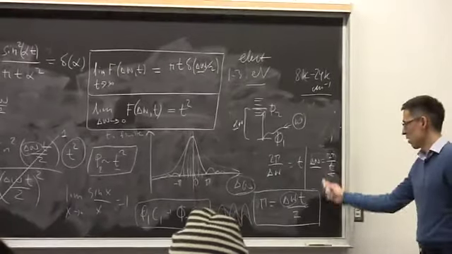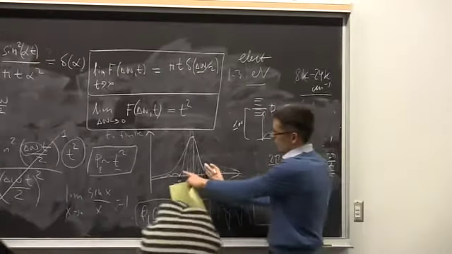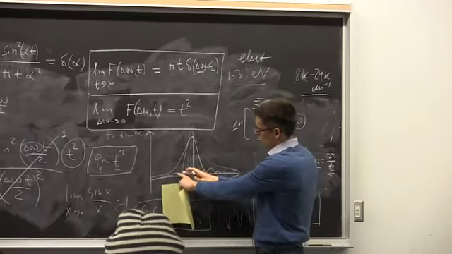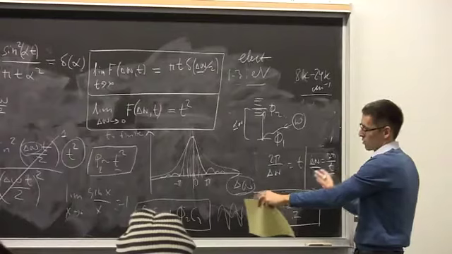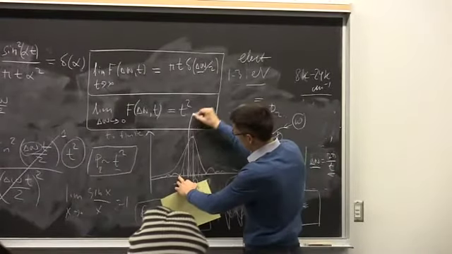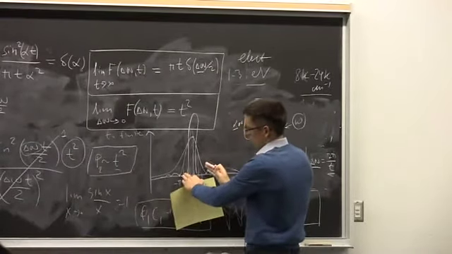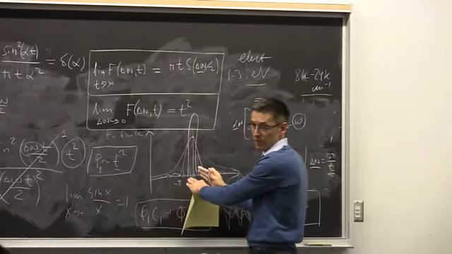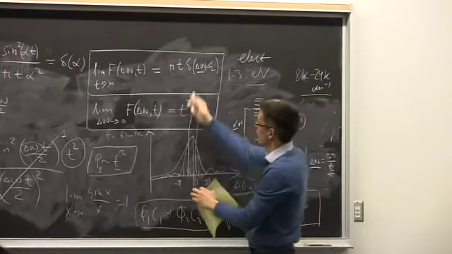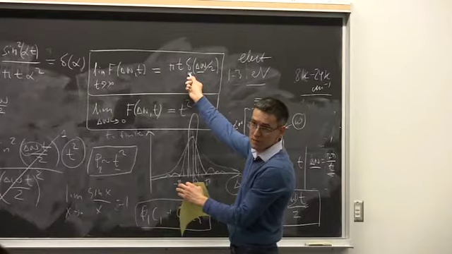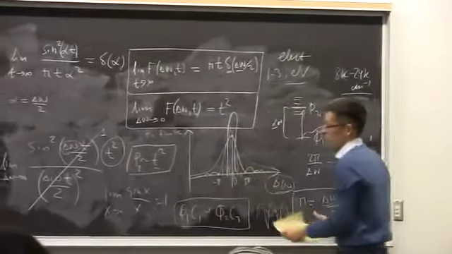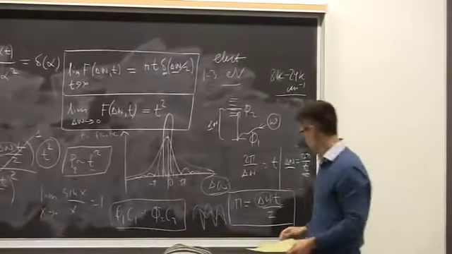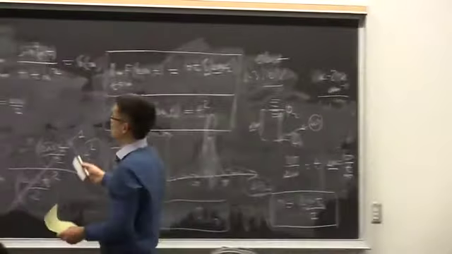So the shorter the pulse, the wider that initial envelope will be. With the longer time of the pulse, this envelope will start growing quadratically and will be shrinking. That's where the delta function will appear. In the long time limit, that envelope essentially will be shrinking, and I can plot somewhere here.